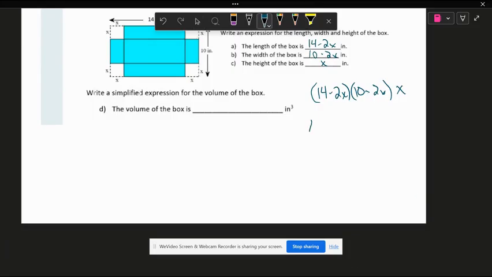So if we multiply all that out, we get 4x squared minus 48x plus 140. And then times the x, we get 4x cubed minus 48x squared plus 140x inches cubed. And that's the volume of our box. And again, that's what we need to be able to do.